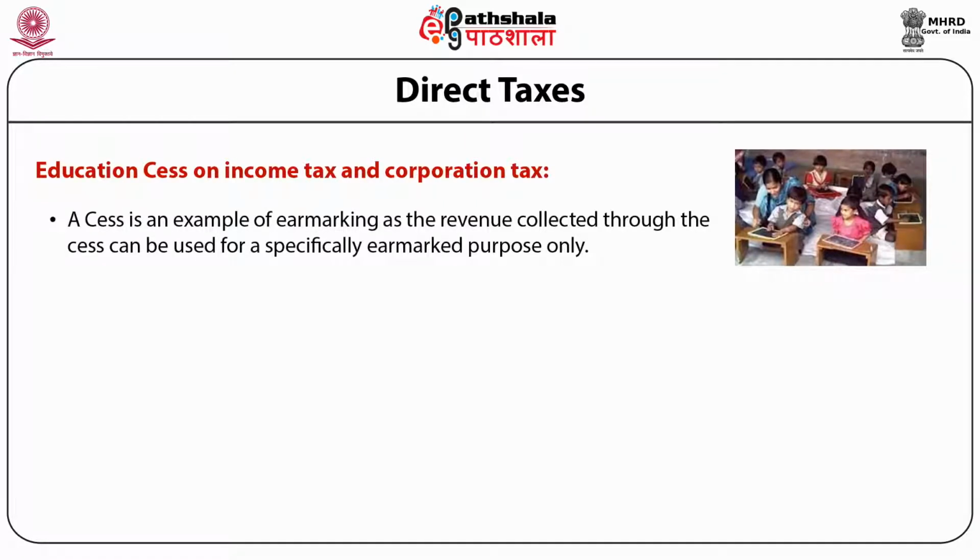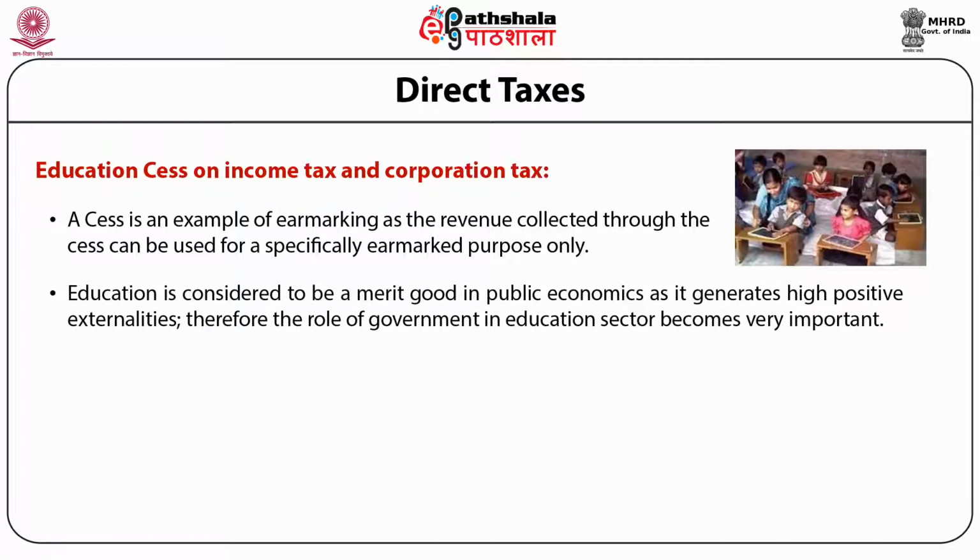A cess is an example of earmarking, as the revenue collected through the cess can be used for a specially earmarked purpose only. Education is considered to be a merit good in public economics, as it generates high positive externalities.